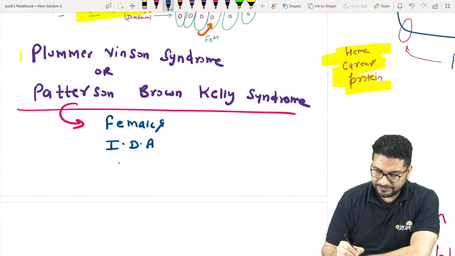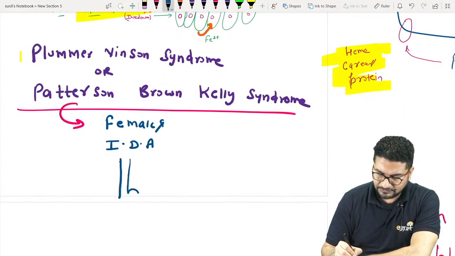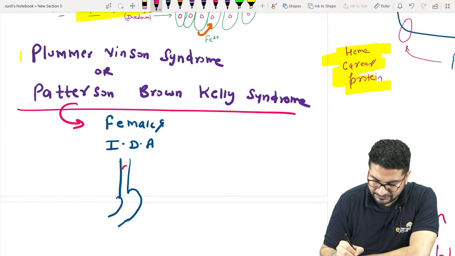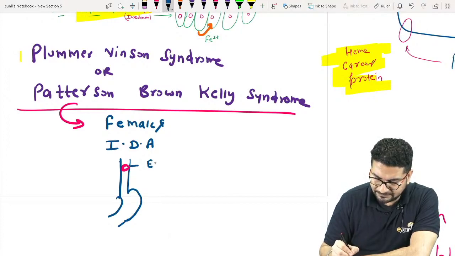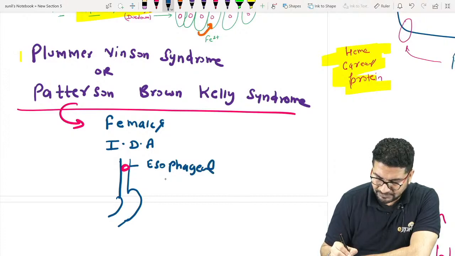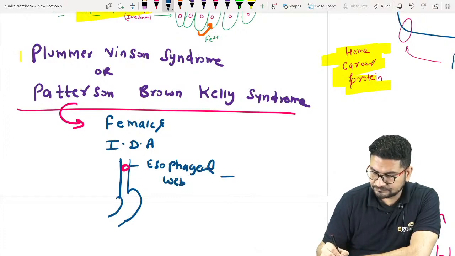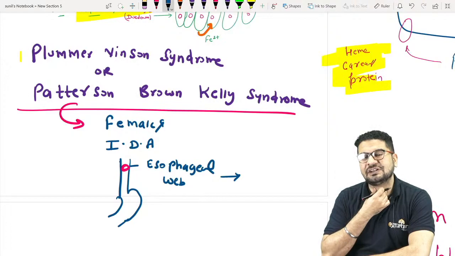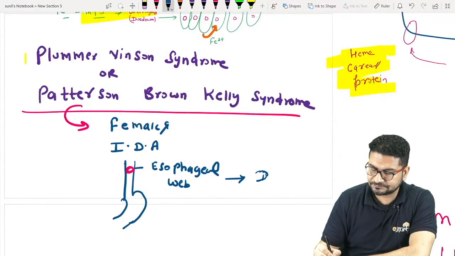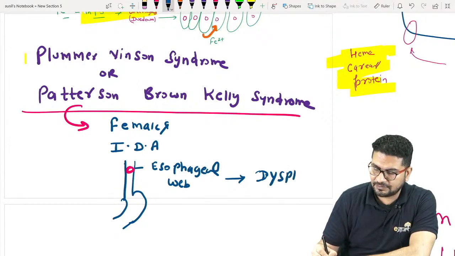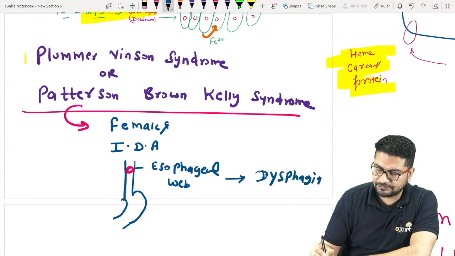In their esophagus, these females are having web-like constrictions. We call them esophageal web. Because of this, they will develop dysphagia, difficulty or pain in swallowing.